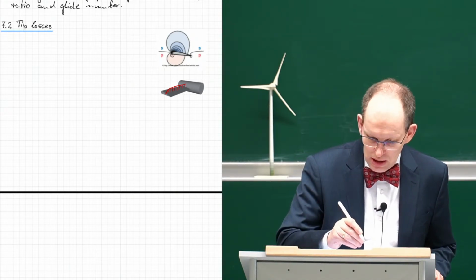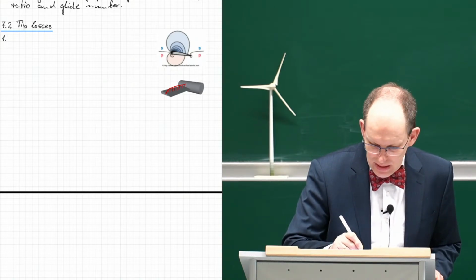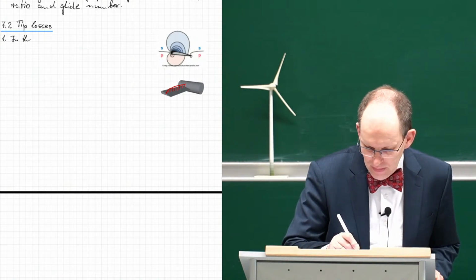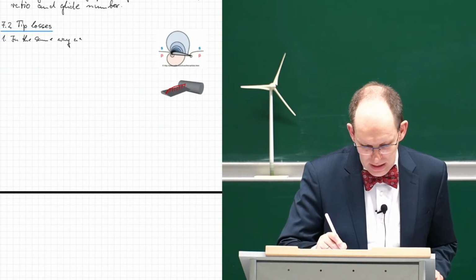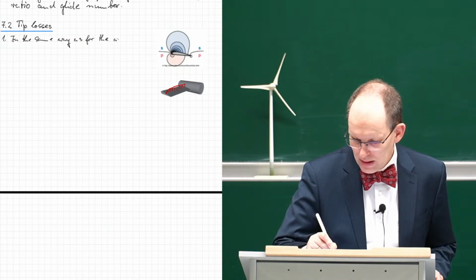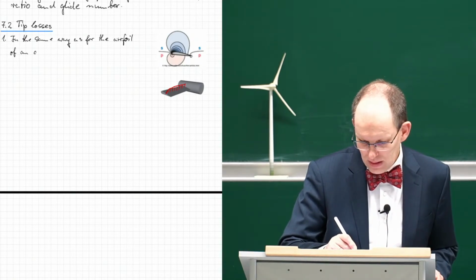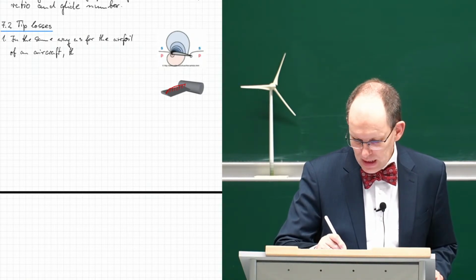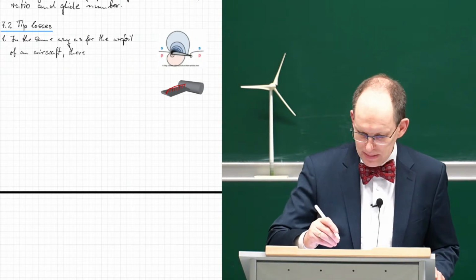Okay, yeah. So let's write a few notes about that. So in the same way as for the airfoil of an aircraft, there is kind of a short circuit for the air at the tip of the blade.